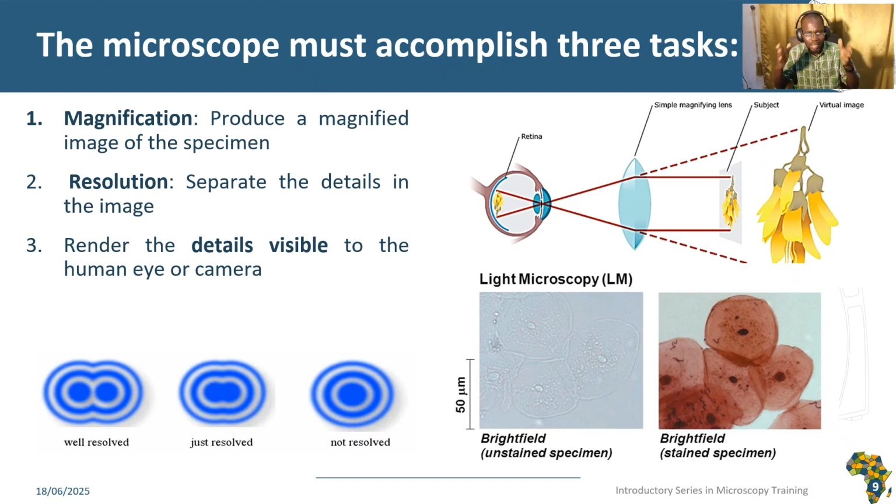That is why stains, contrasts, or other specialized techniques are employed to enhance contrast. In summary, these tasks, magnification, resolution, and contrast, are essential for accurate, meaningful, and detailed microscopic observations.